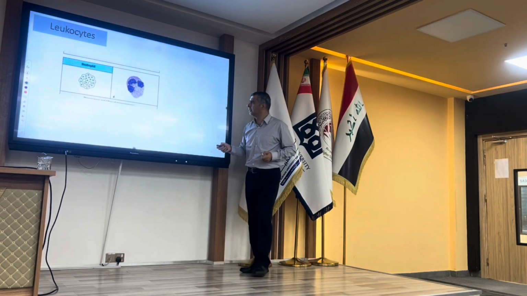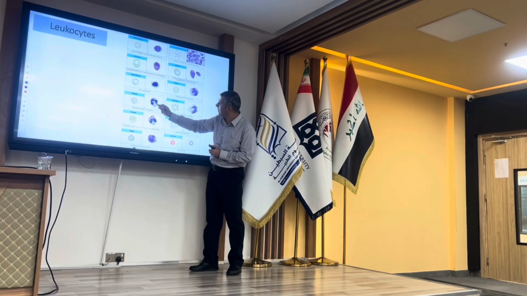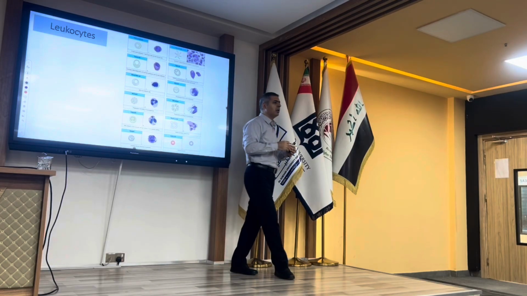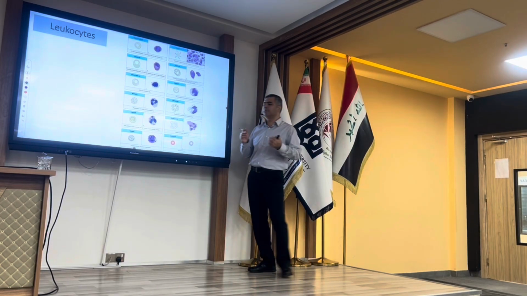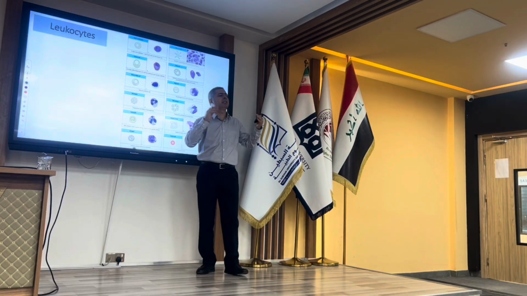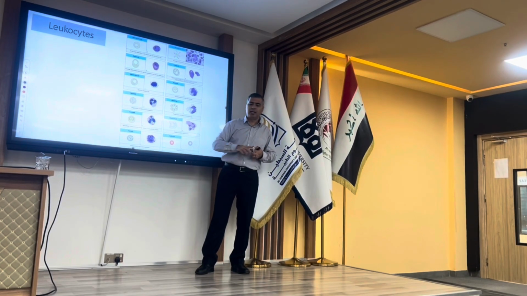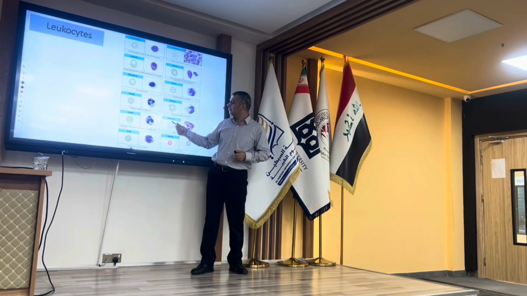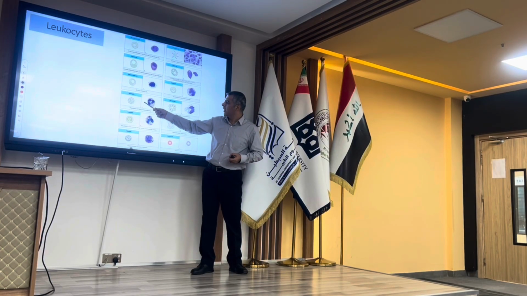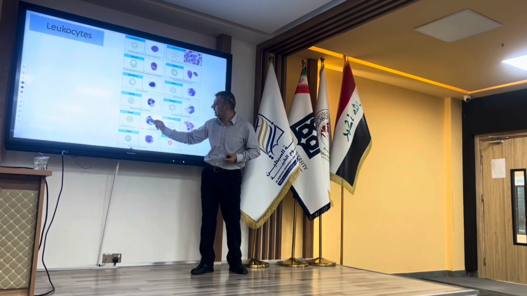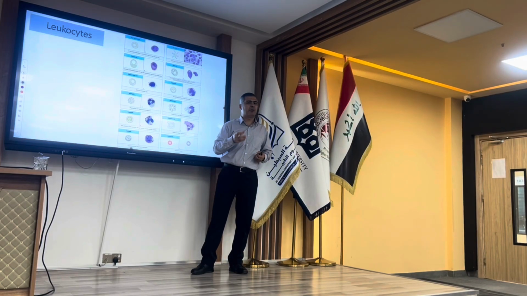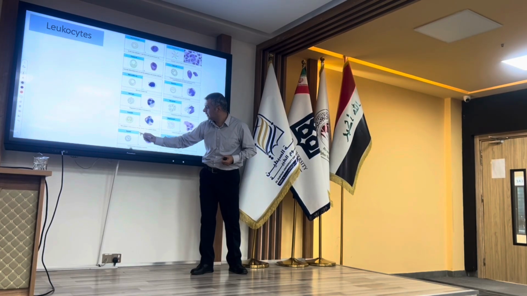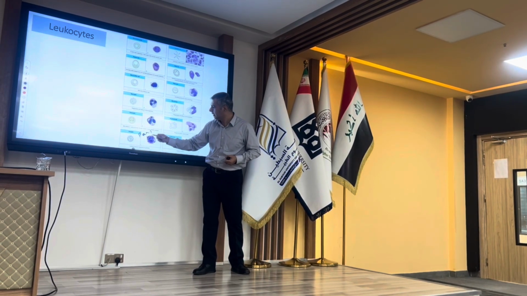Inside the neutrophils, there are some granules. Let me go back to the previous slide. You can see that we have some granules inside the neutrophils, eosinophils, and basophils. Why are they called neutrophil, basophil, and eosinophil? Because the content of the granules is different. In the staining, eosinophils are mainly stained with acidic or eosin stain, but basophils are stained with basic stains.